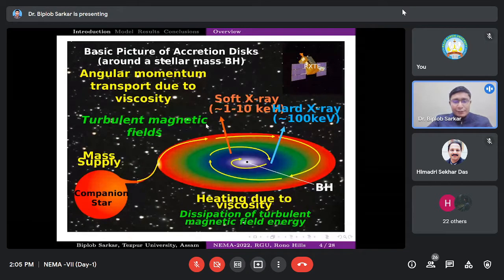Now we know that magnetic fields are invariably present in stars. For example, at an average location on our Sun, the strength of the magnetic field is around 1 Gauss. Due to the magnetic flux freezing theorem, the magnetic fields will be drawn into the accretion disk through the accreting matter from the companion star.